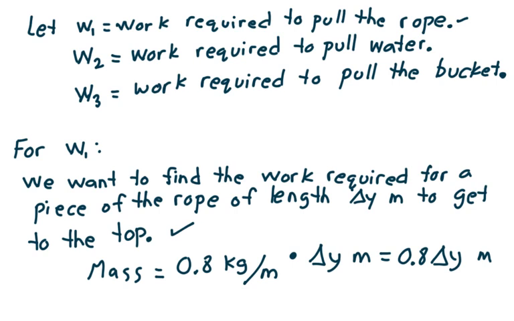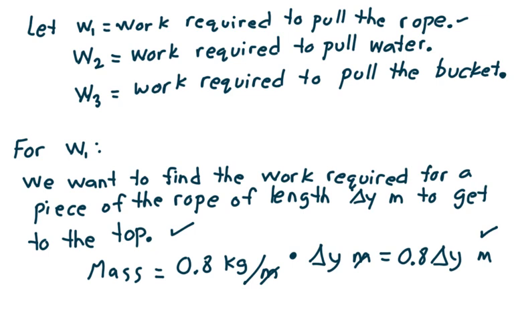Now, the mass. We need to calculate the mass. The mass is equal to 0.8 kilograms per meter times delta y meters. Notice how the meters cancel and we get 0.8 delta y.